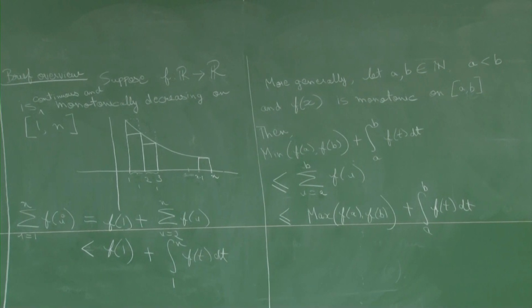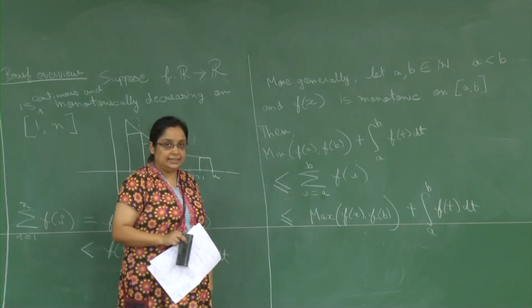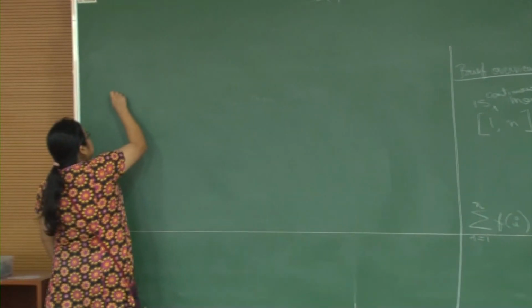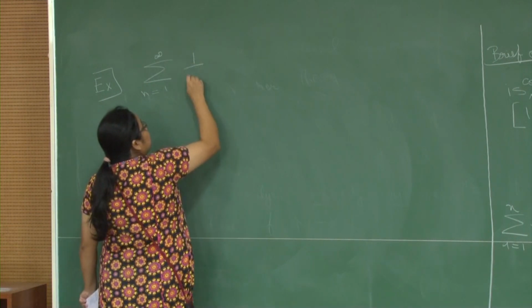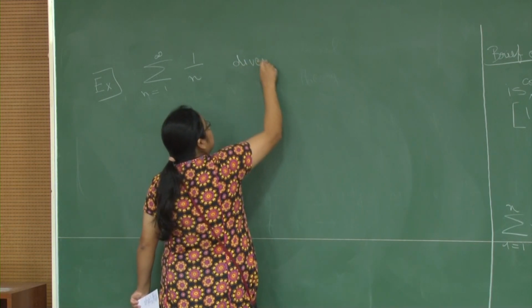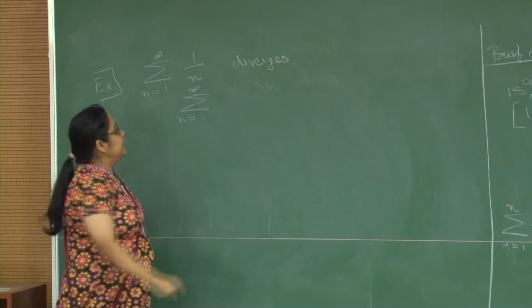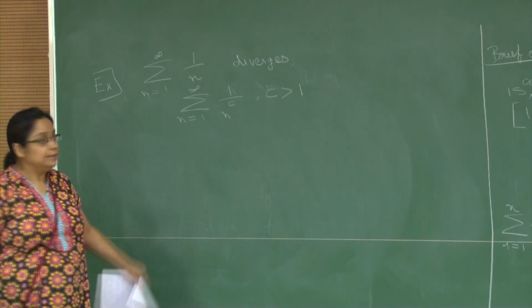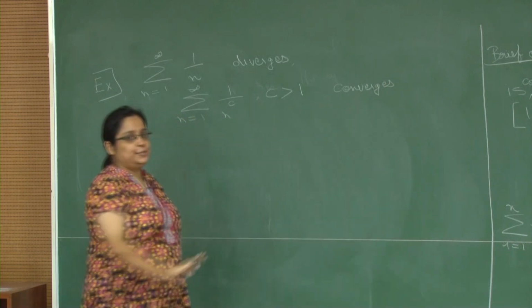And as one of the first few consequences that you would have learnt of this, you can take a to be equal to 1 and b to be equal to some natural number, say n, and as you let n go to infinity, this integral test tells you that summation n going from 1 to infinity of 1 over n diverges, whereas if you take summation n going from 1 to infinity of 1 over n raised to the c, where c is any real number strictly greater than 1, this sum converges. Okay, but all this you have learnt before.